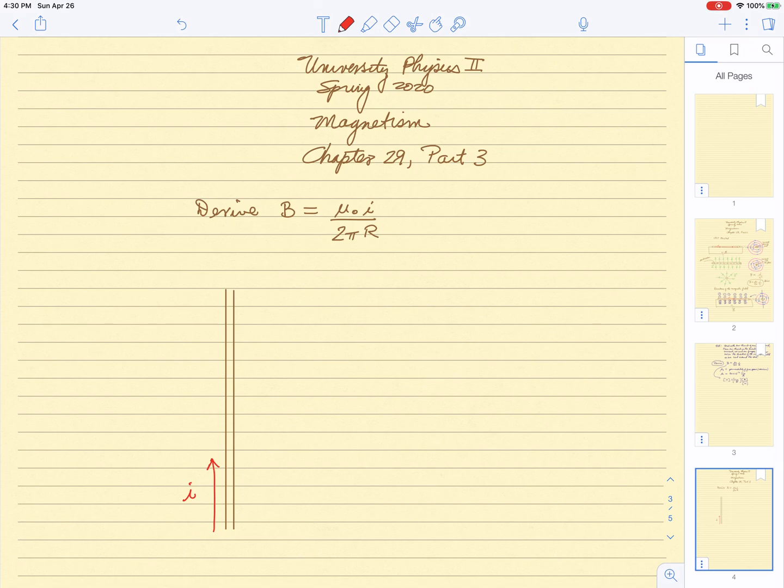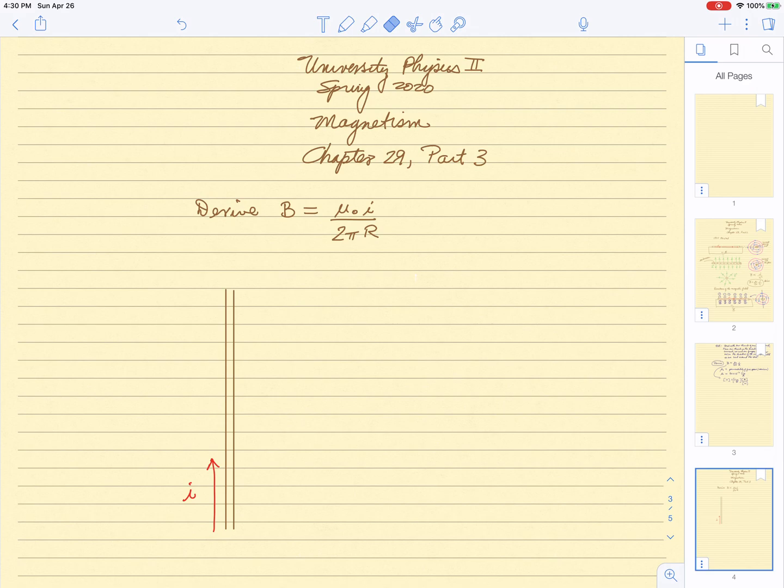And what was uncovered through lots of experimentation was that the magnetic field... Well, let me go back a second.